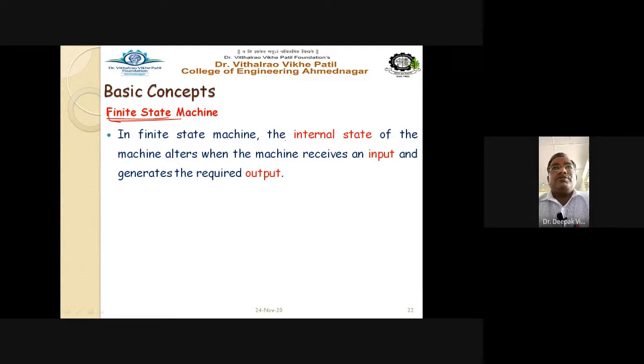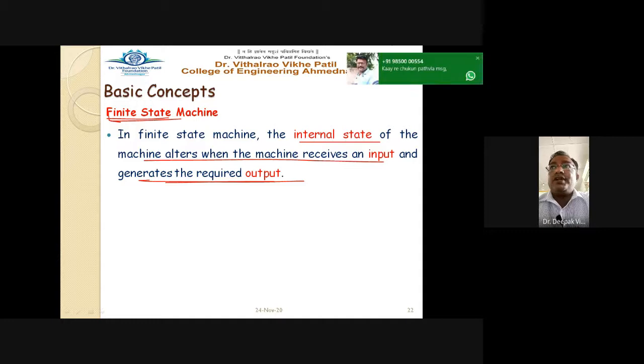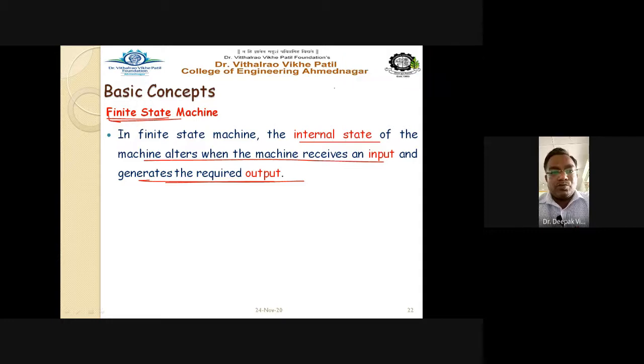In a finite state machine, the internal state of the machine changes when the machine receives an input, and it generates the required output. After supplying an input, the machine changes its current state to a new state. No doubt, here also we are getting some output.